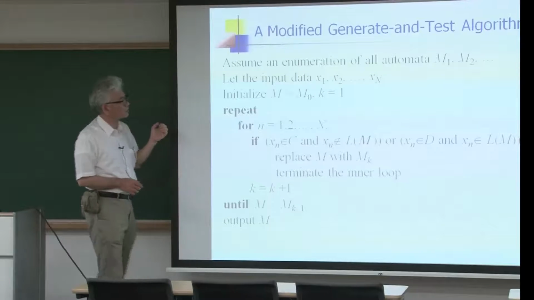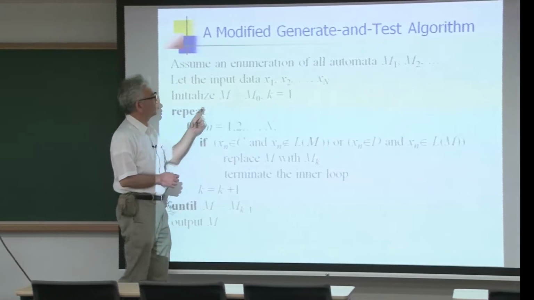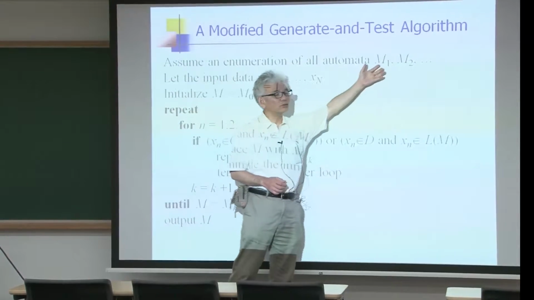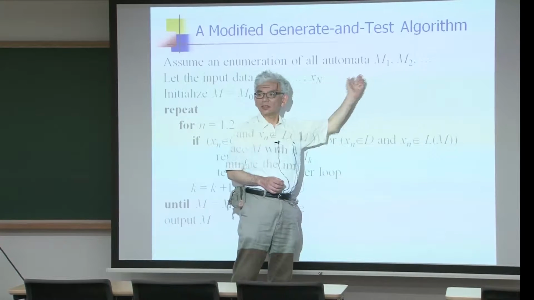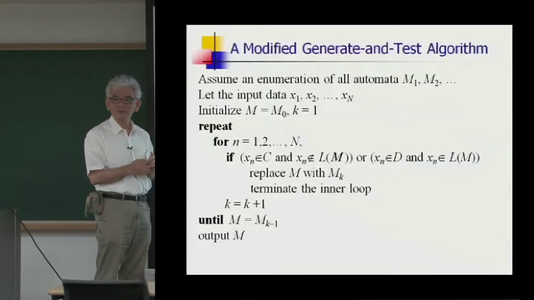So, generate and test means to see the examples, take one automaton from this enumeration, and check whether the automaton is consistent or not.